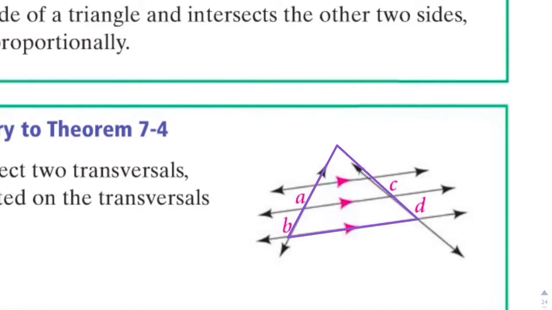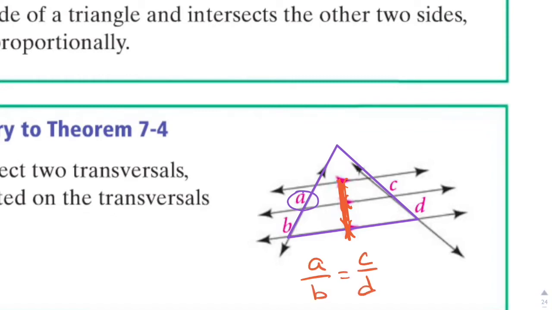What we know is that this part of the triangle, the side splitter, notice I'm not talking about the bases. You've got to ignore these right here. You can't use those. Ignore the bases. But the sides, A is to B as C is to D.